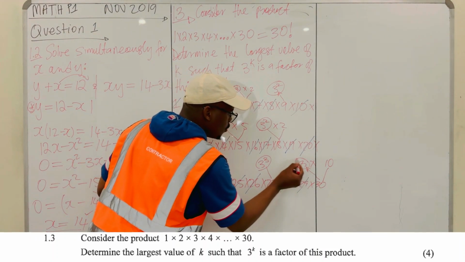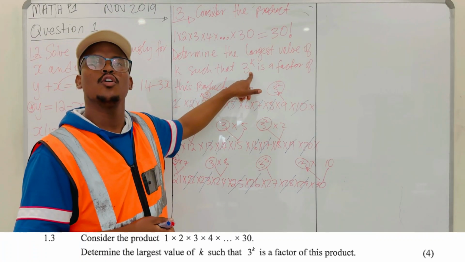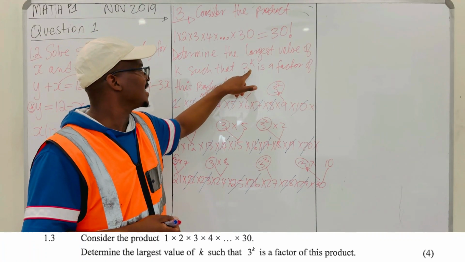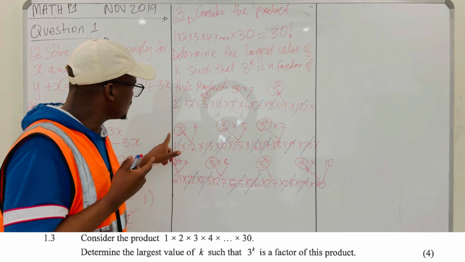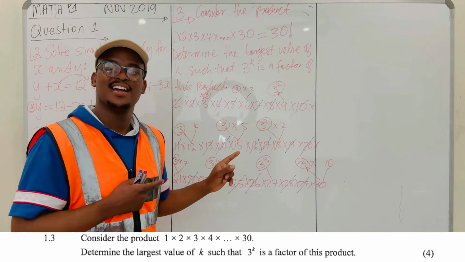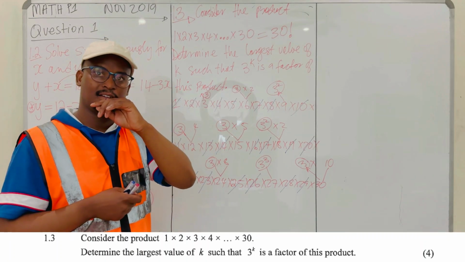So there you are. If you want the largest possible value of k, you must multiply all these 3s that are here, all those values of 3 that are there.